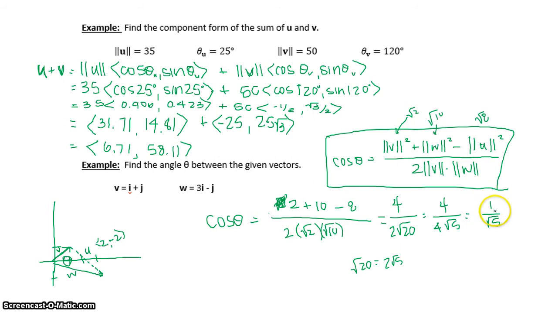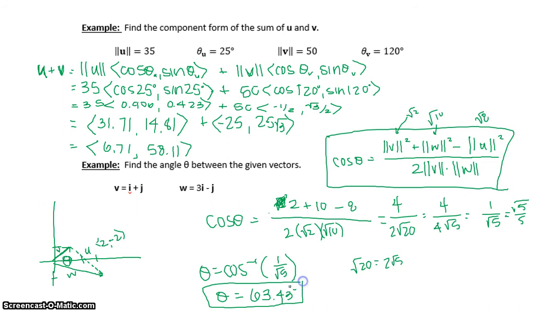You could rationalize that if you want and do radical 5 over 5, or you can use it here because this is not your final answer. Remember, cosine of theta equals this, so you're doing cosine inverse of either 1 over radical 5 or radical 5 over 5. It does not matter, you're going to get the same answer. When I do cosine inverse of that, I get that theta equals 63.43 degrees.